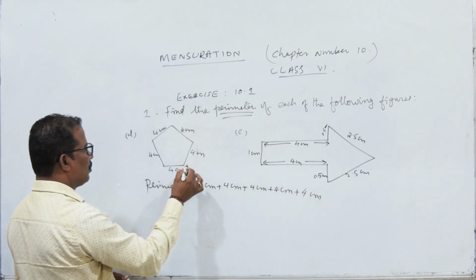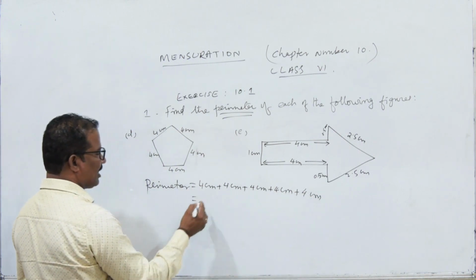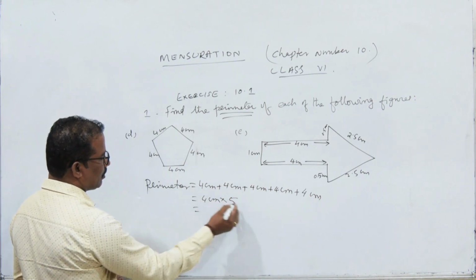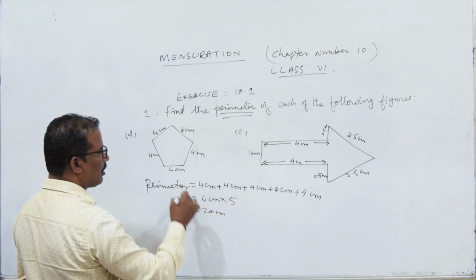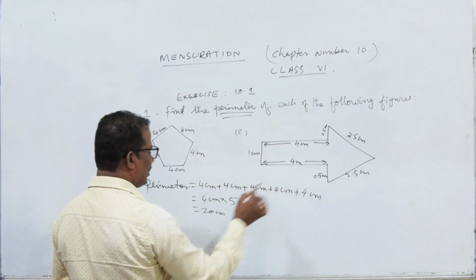So straight away, 4 centimeter is multiplied 5 times. 4 5s are 20 centimeter, or simply you can add like this: 4 plus 4, 8, then 12, then 16, then 20.